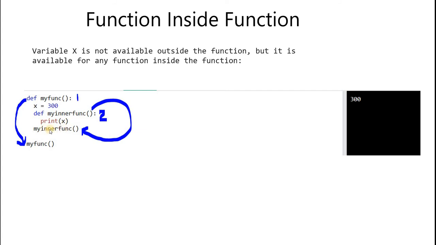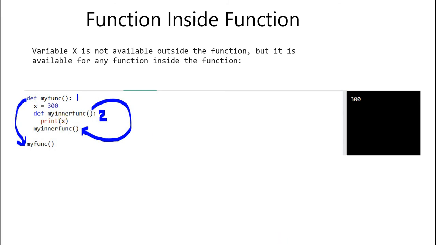And I used my inner function, right? Then I printed my function value. So what will be the output of that? The value x is equal to 300 is available outside the inner function, but we are using that value inside that function.